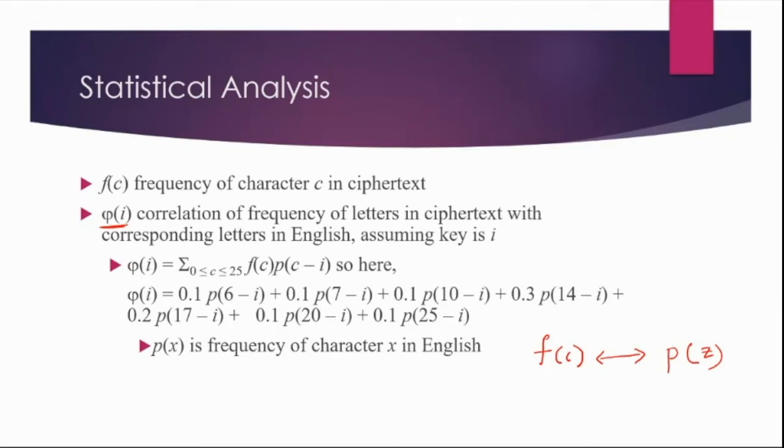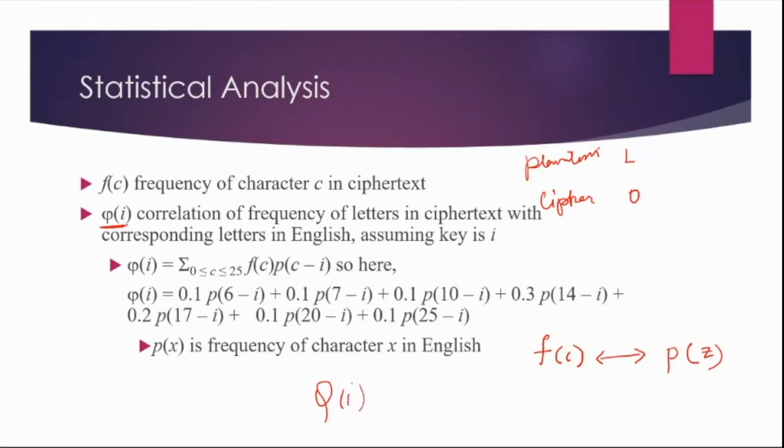Okay, so for example, if I am writing L, L is a letter of plain text, and its corresponding ciphertext is O. Right? So what is phi I telling me?